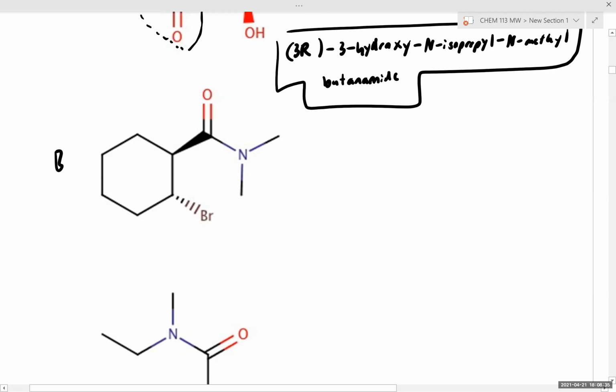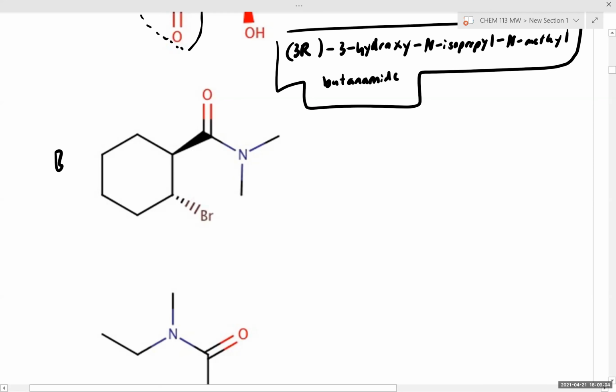So if we had another carbonyl in this structure, then we would use the oxo prefix. Since the amide is the only substituent with a carbonyl, the amide suffix already denotes that we have a carbonyl. Does that make sense? Okay, yeah, thank you.